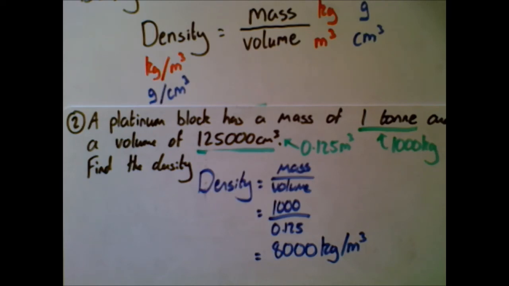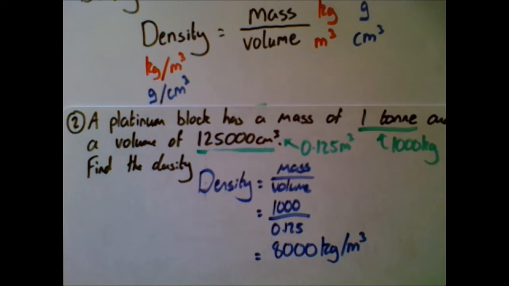And so in general, solids have got higher densities than liquids, and they've got higher densities than gases. So solids have the highest densities, gases have the lowest densities. Now, it's not always the case. That is just a general rule. And in fact, that's what decides whether things float or sink.